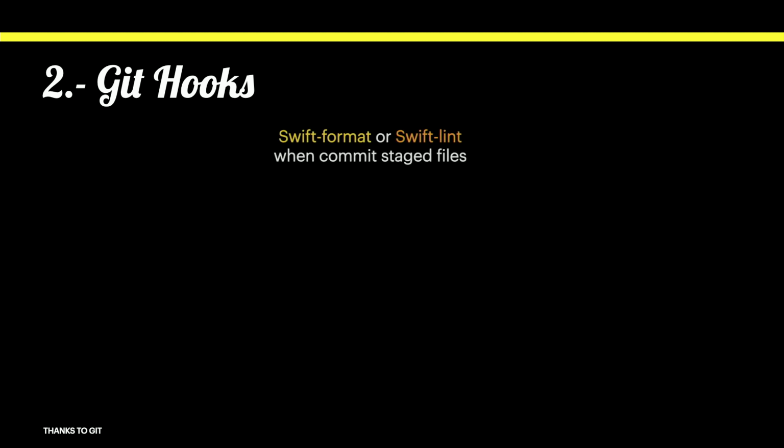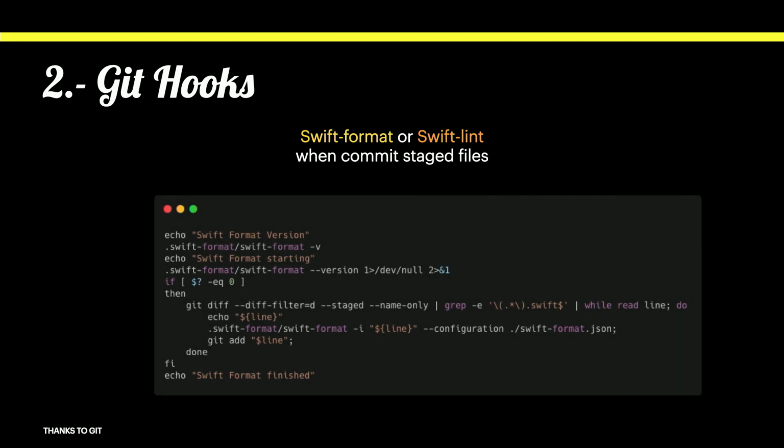So for example, if I'm using Swift format, I can create a hook to format the code that I have in the staged state, and edit it with Swift format. So I'm just doing it after the commit and everything will be pushed and formatted.